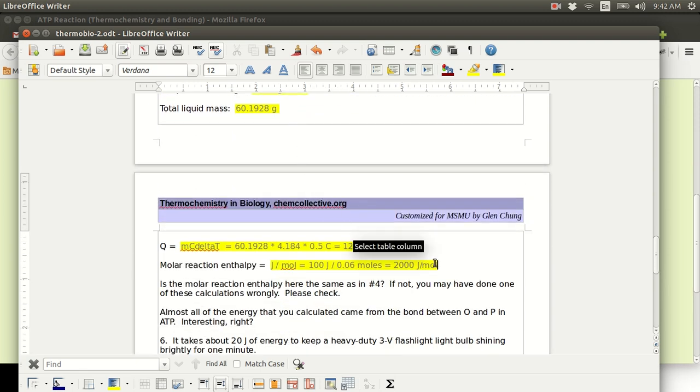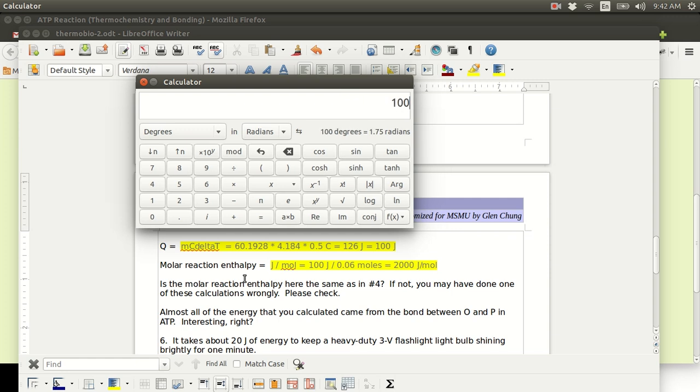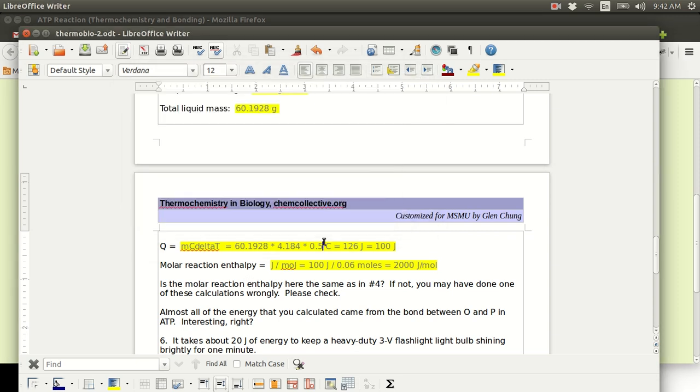It should be the same number of joules per mole. So I may have done something wrong. Let's do this on the calculator. 100 divided by 0.06. Again, 100 divided by 0.06. Yep, it is 2,000. So this should have been something like 20,000 or 26,000.